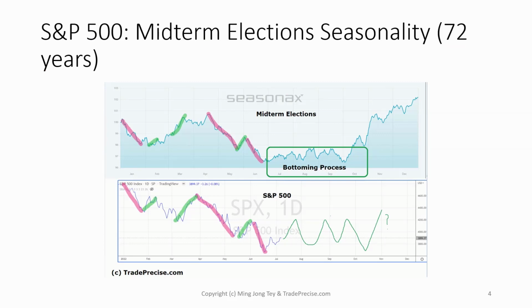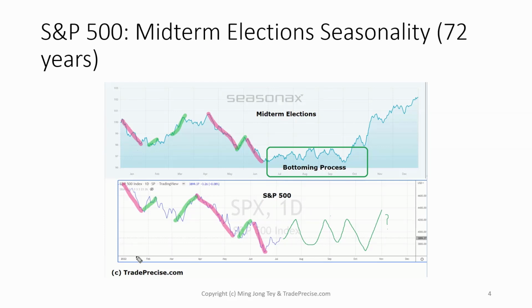I think this chart is kind of self-explanatory. The first pane is the seasonality chart based on the midterm, and the second, bottom pane is the current price for the S&P 500. You can definitely see there is a very close relationship between the two.